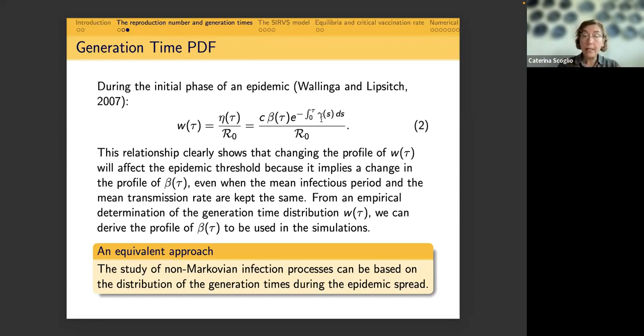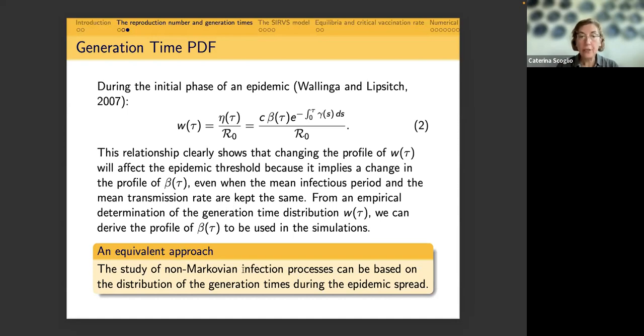And so what happens, very importantly, is that from an empirical determination of the generation time distribution w(tau), as in cases like COVID where you measure this distribution of the generation time, we can deduce beta tau, the infectiousness profile, and use this infectiousness profile within our simulations.